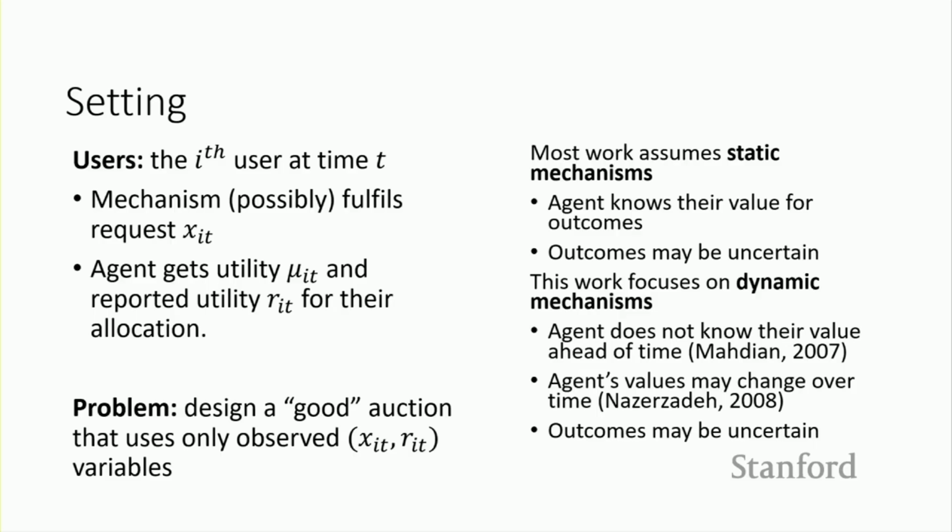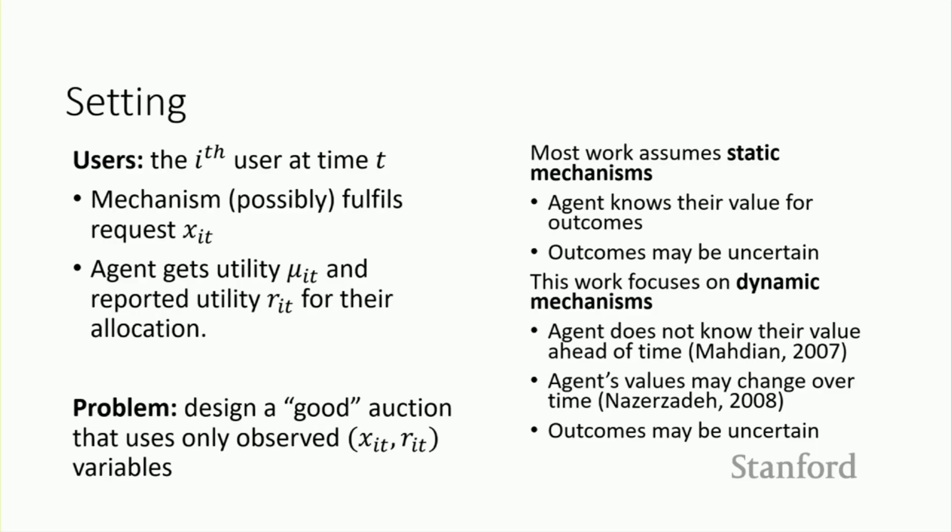Compared to a lot of the existing work, some of the gaps include that often we assume agents know their value for outcomes, as mentioned in some of the discussion earlier. You also have uncertainty that plays a big role here, particularly in these kinds of stochastic generative model settings.